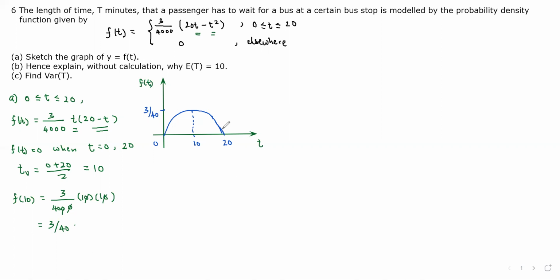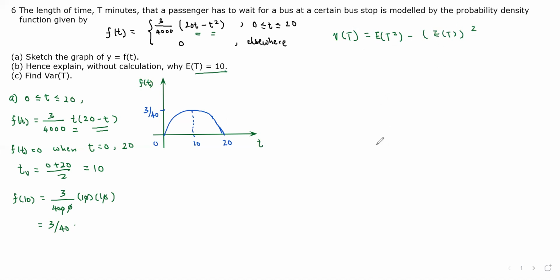Part C, to find the variance of t. The variance of any random variable is given by the expected value of t squared minus the square of the expected value of t. We know that the expected value of t is 10, so that would be the square of 10.